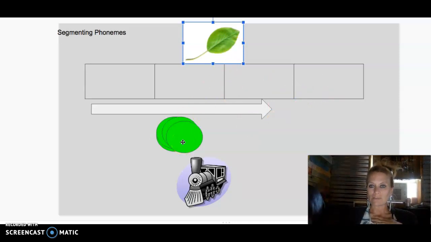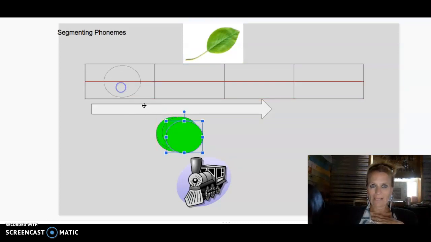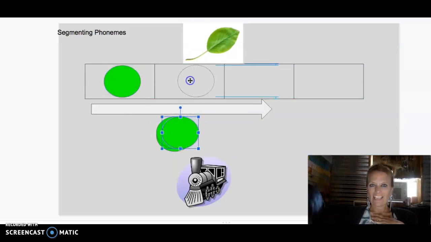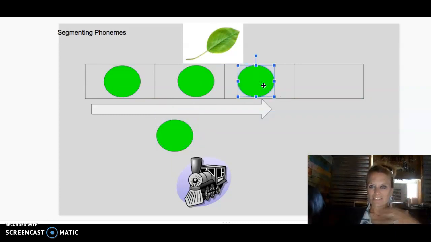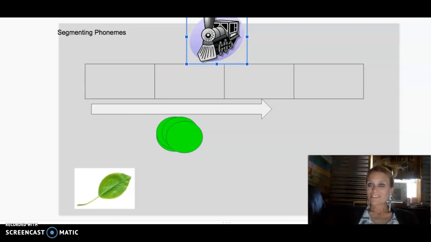Let's put the sounds up there. O, E. How many sounds did we hear in that word? Good. There are 3 sounds in the word leaf. Let's say them again. O, E, F. Good work.